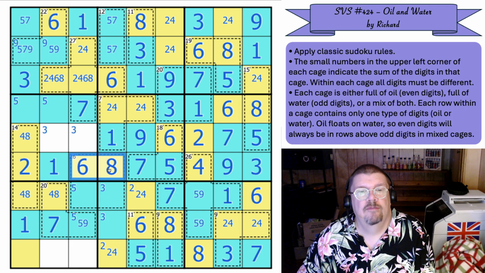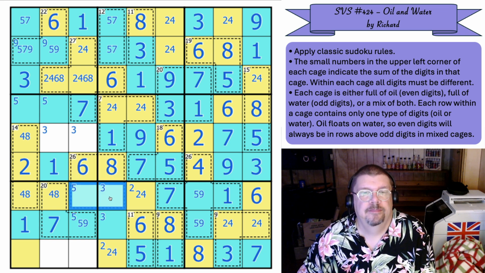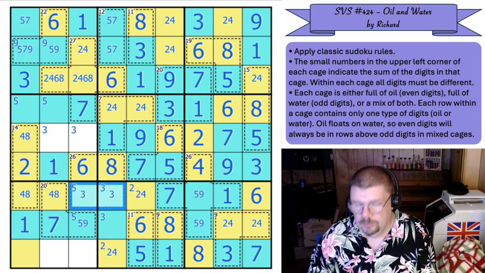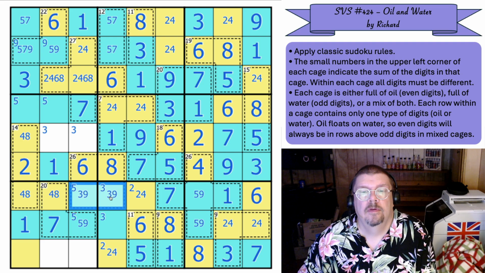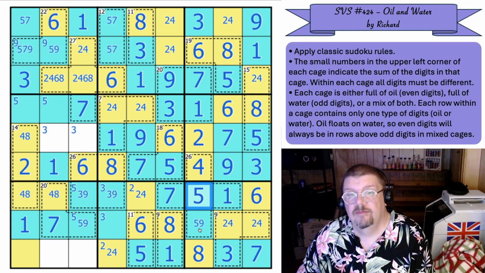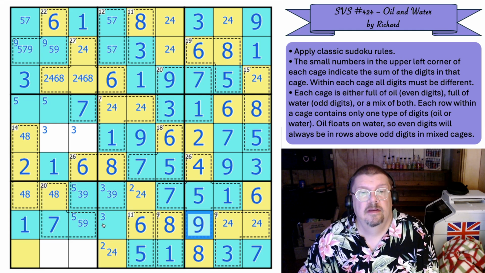Okay, that's now 14. So I need 12 in 2 digits. So we have 3, 9 or 5, 7, but it can't be 5, 7, so it must be 3, 9. That makes that 5. That's 9.